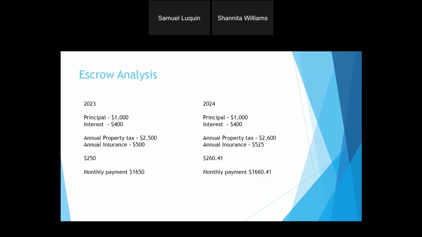This moves the monthly payment up to $1,660.41. Now that change does come because the escrow analysis is going to make sure that the account does have enough money to pay the bills as they come through, so you're usually going to get an explanation of this analysis once a year, once it's done.